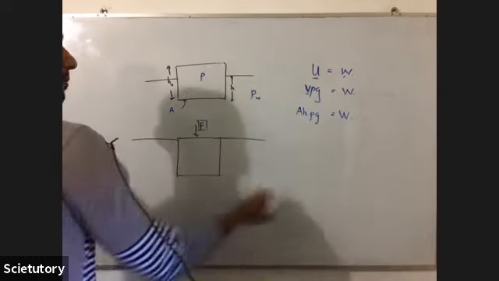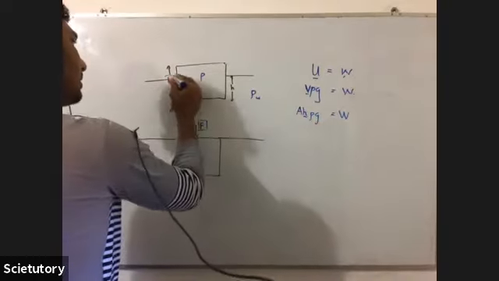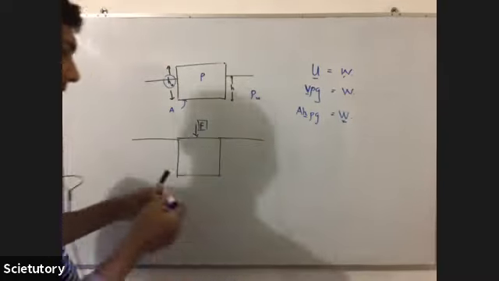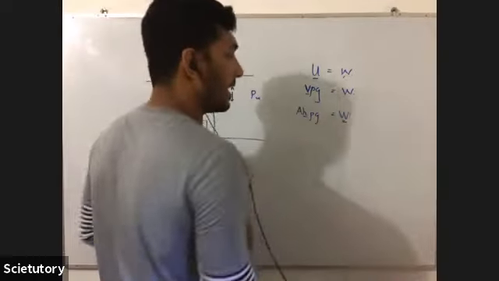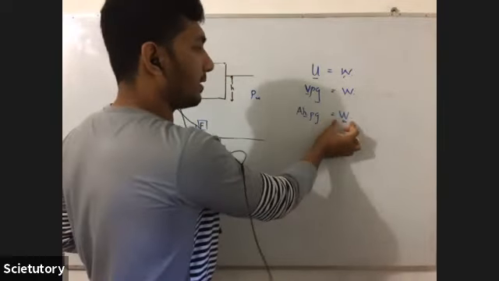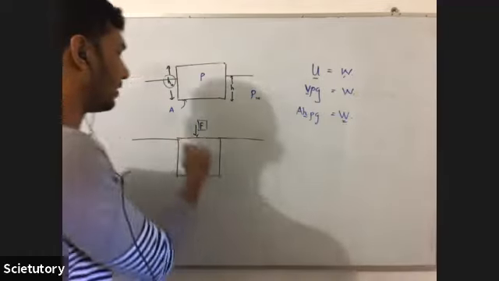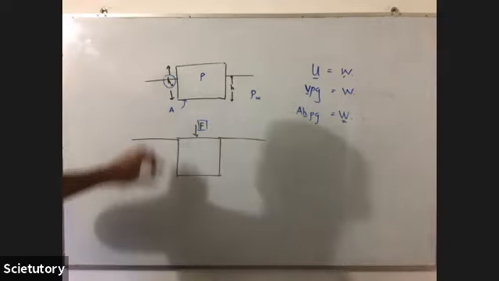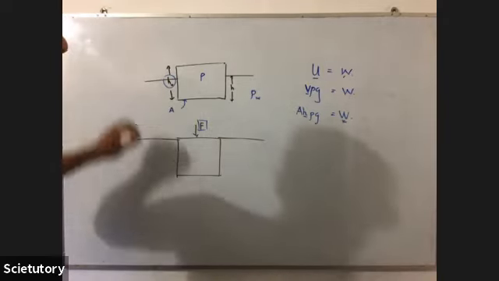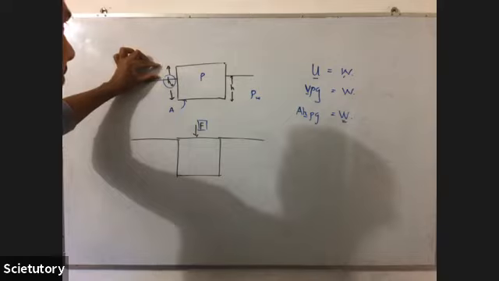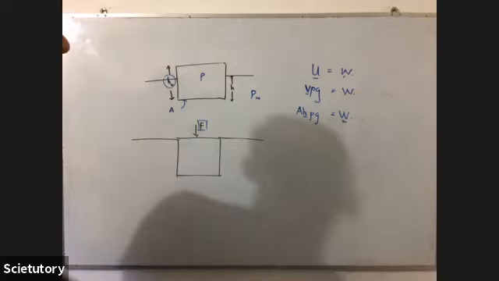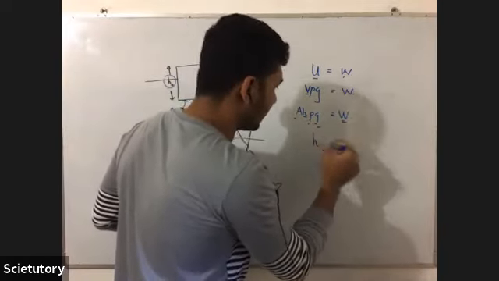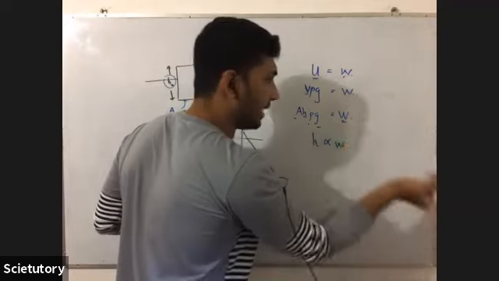Now you should make this H as H naught, so you should increase the right side of the equation. You can place some weight, or else you can apply some force. Here we are applying force. By applying force, what we expect is to get this part of the wooden block into water. Here you can see A, rho, G are constants, so H is directly proportional to the weight.